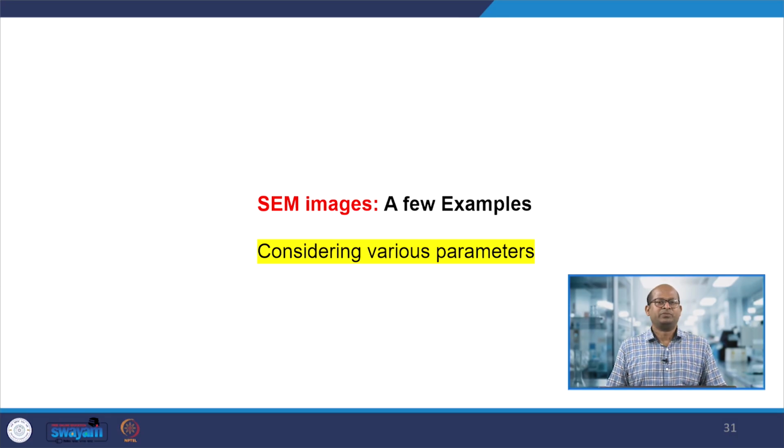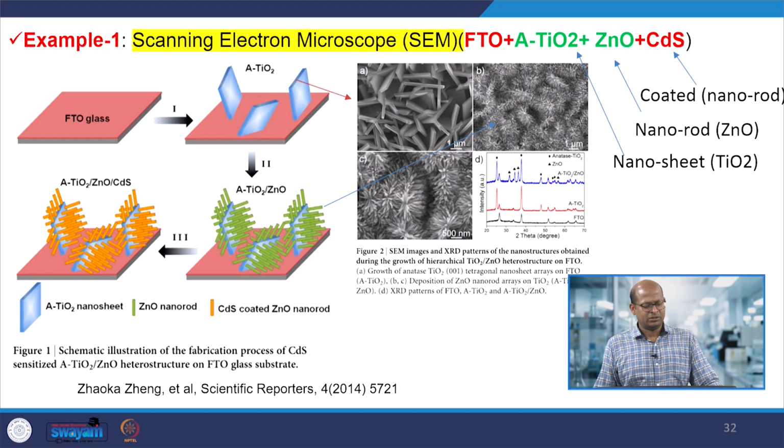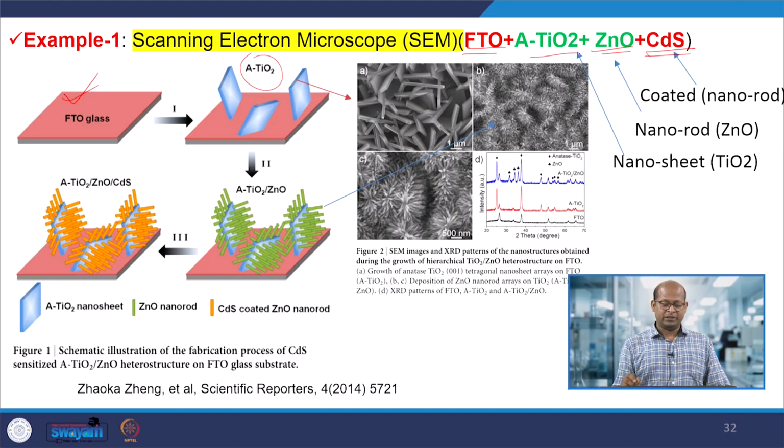The same image was collected, and a few same images we will discuss. Here fluorinated tin oxide was taken, that is the surface, over there titanium was dispersed, then zinc oxide was coated, and over that CdS was coated. Initially the titanium was coated over the FTO glass, so nano sheet formations are there.